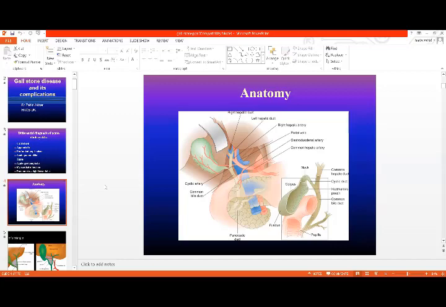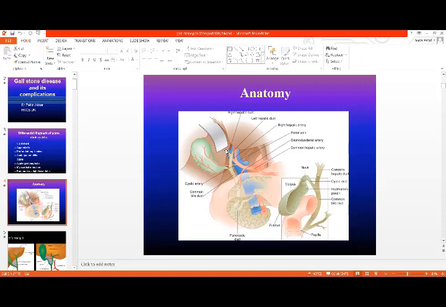As you all understand, I hope you know the anatomy of the region. When you do one of these common operations, you should know what you're dealing with, what you're looking at, what you're trying to remove and what you're trying to ligate. As you can see, this is the liver at the top, and that's the gallbladder.